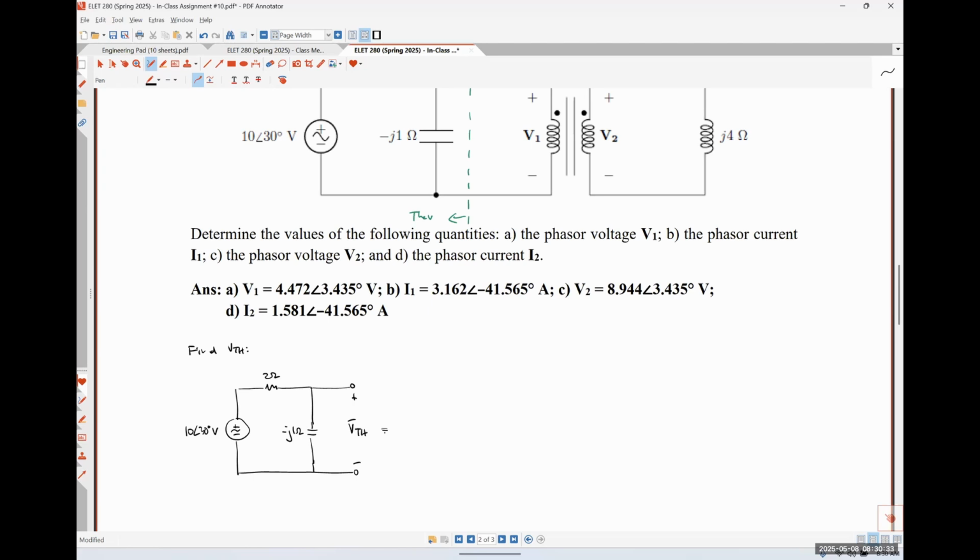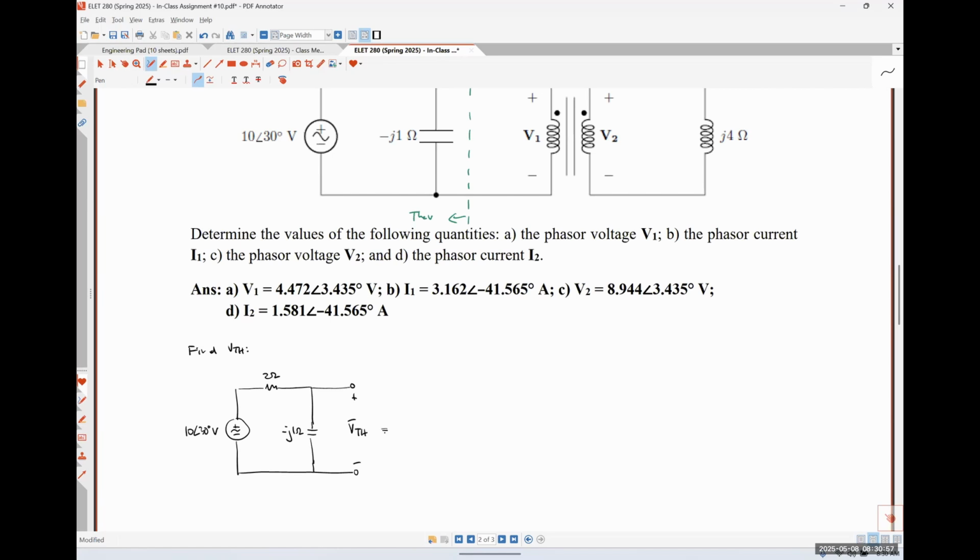So I see a voltage source in series with two impedances. We could, but I'm lazy. I want to do it in one step instead of two. So I want to do voltage division. Yeah. So we could do Ohm's law to find the current flowing around that loop, and then do I times minus J1 to get the result.